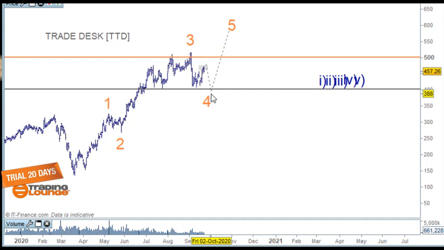We'll take a look at that in a moment, but the play here would be, once wave 5 is in, we would see an ABC correction, and then the next move up. So all of this becomes wave 1, back for wave 2, and then up for wave 3. That's what we're considering. But as always, we need to go step by step.